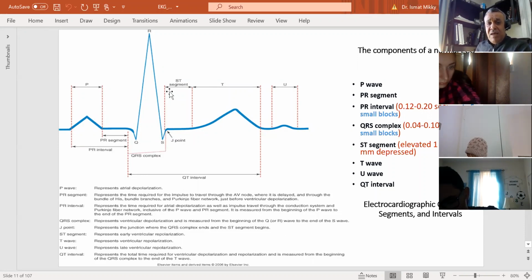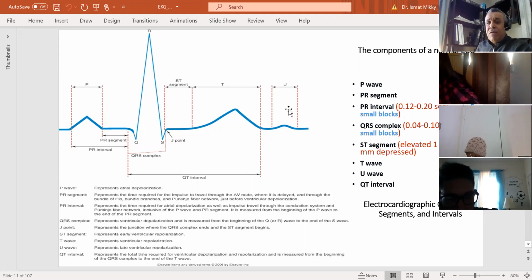Then we have the T wave. The T wave represents the ventricular repolarization, which is the complete relaxation phase. And then the U wave is the late repolarization.